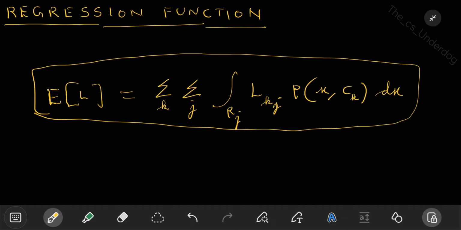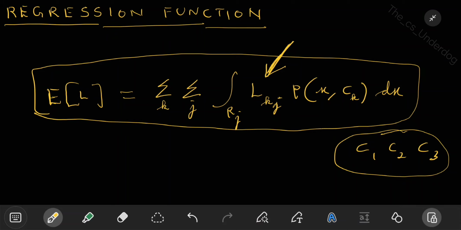So here you have to note a few points. First thing is the loss function. Here we were able to identify one particular loss element from the loss matrix because in classification, you can particularly say that C1, C2, C3, something like this is the expected class and one among these would be the assigned class. But in case of regression, you won't have classes like this. So instead of this, what will you have to do in regression? In regression, you will have a target which is t and you will be identifying a y of x, right?